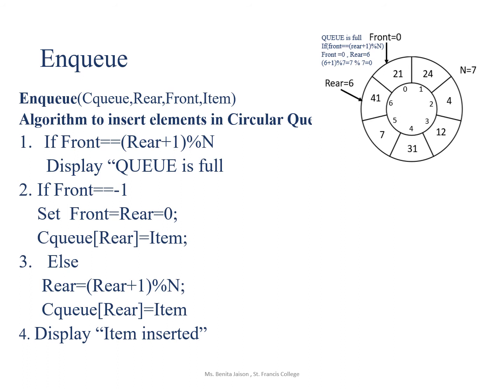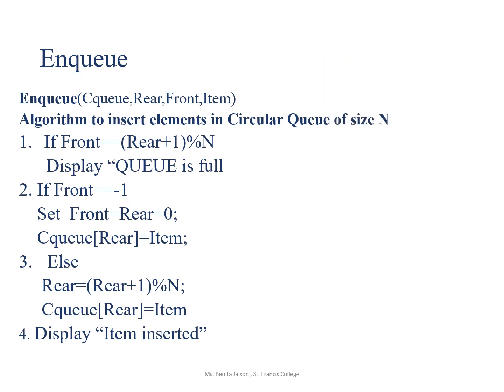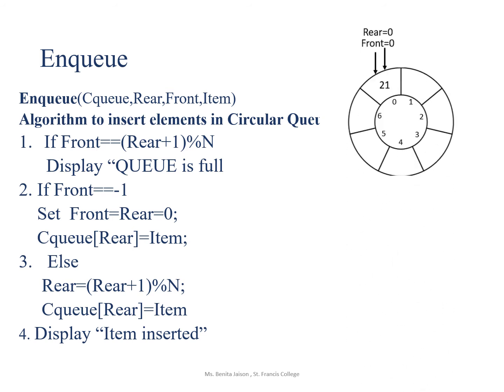In the other case, if the queue is having empty locations and you are going to insert an element which is going to be the first element in the circular queue, as given in the example, then we have to set both the front and rear index as 0 and then insert the element into the position indicated by the rear index.